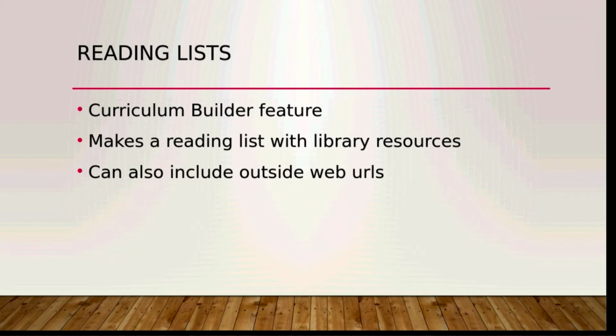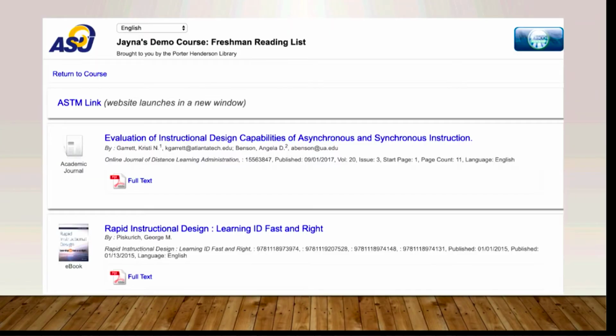You can also add outside URLs to the reading list. I'll show you a screenshot of that. This is a reading list that I did, so you can see how that pulls in specific journal articles. Up top I just added a web link right here. That's how it ends up looking in your class. That might be a great way for you to add course content for your students.